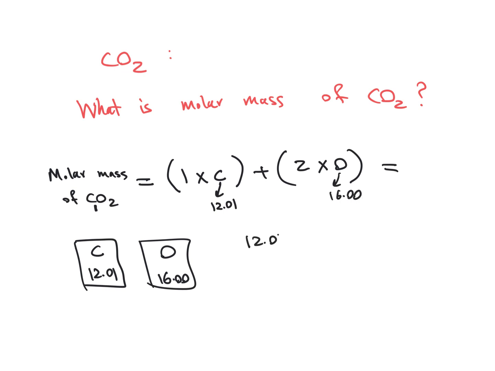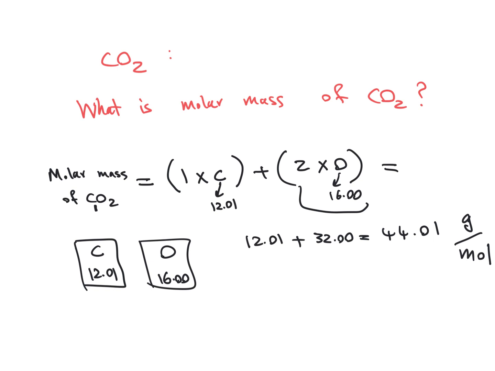So 12.01 plus 2 multiplied by 16 is 32, so it would be 44.01. And what is the unit of molar mass? Grams per mole, right? If you calculate formula mass, the unit would be atomic mass unit.